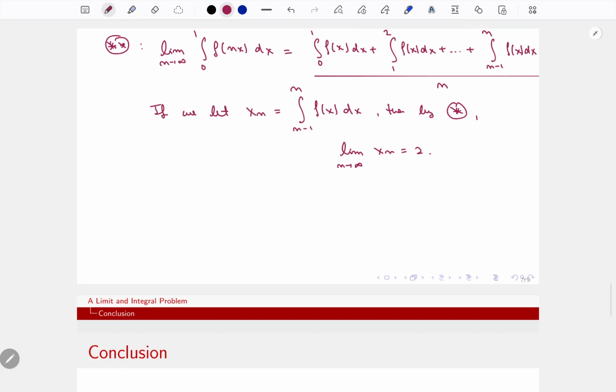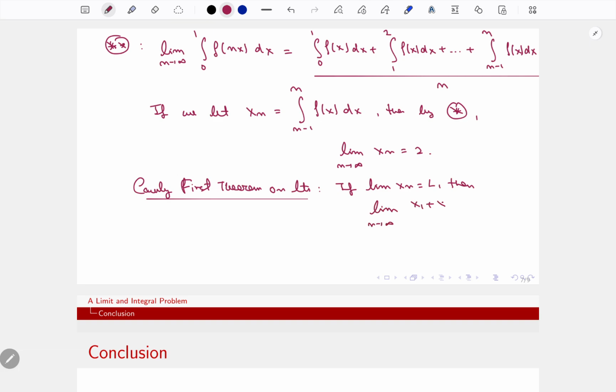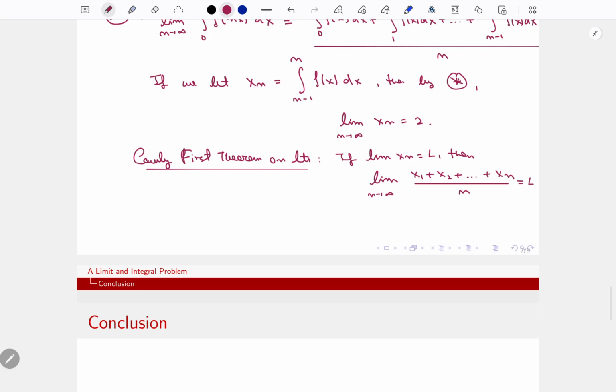But then we have a very important theorem on limits, which is called the Cauchy first theorem on limits, which says the following: if the limit of xn is equal to L, then the limit as n tends to infinity of x1 plus x2, and so on till xn, upon n, which is the arithmetic mean, is also equal to L. And observe that this yields an answer.